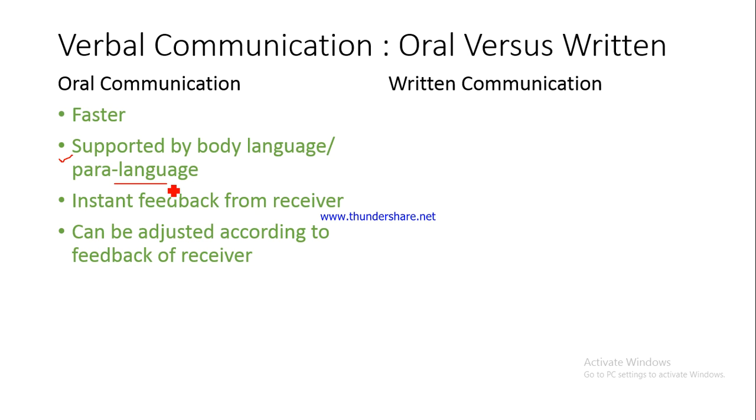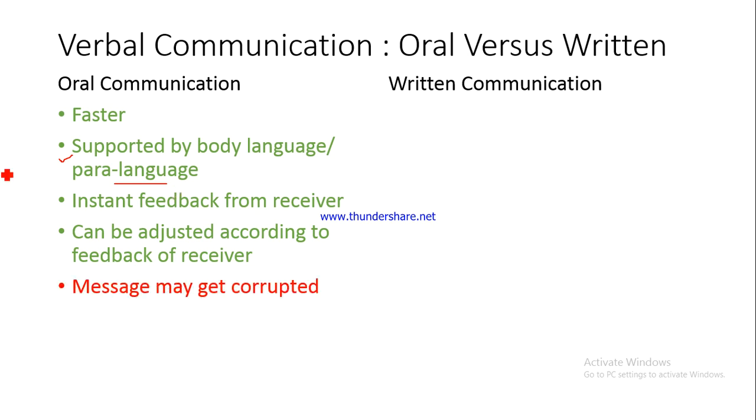So just to create enthusiasm in the class, he said, okay, we'll only discuss the topic for 15 minutes. The remaining time we are going to spend playing some game. Is that okay? So this is how the center of the communication can customize his message, because he has access to instant feedback from the receiver.